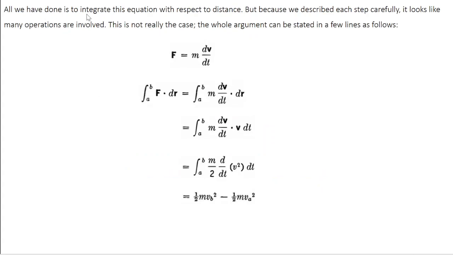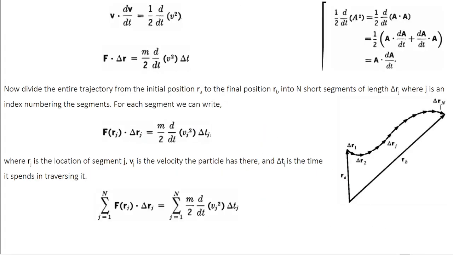All we have done is to integrate this equation of motion with respect to distance. But because we describe each step carefully, it looks like many operations are involved. This is really not the case. The whole argument can be stated in a few lines as follows. So if you look at the summary of what we have done over the last 3 slides, this is very simple.